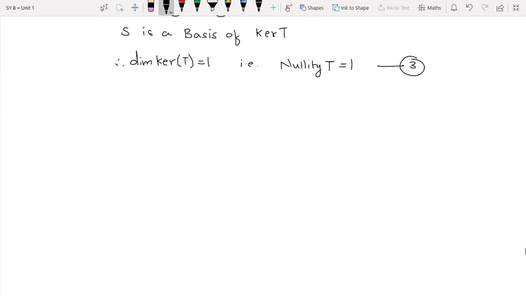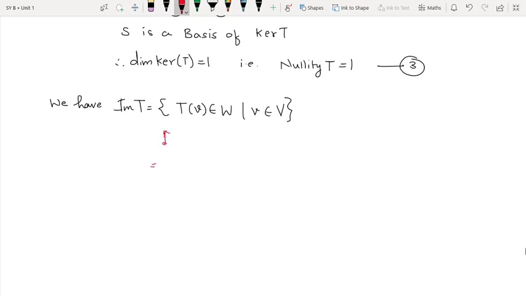Yes, so we have the image of T is equal to the set of all T of v belonging to W such that v belongs to V. So rest of the things you can do.